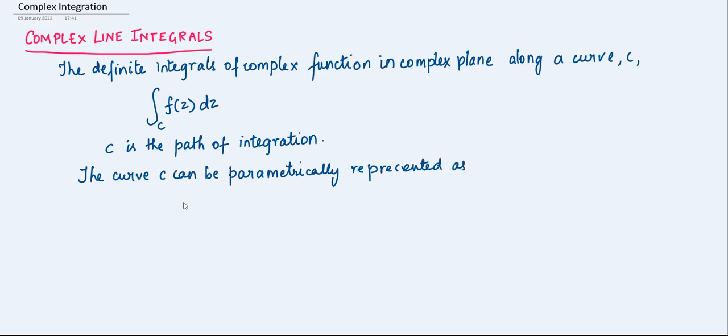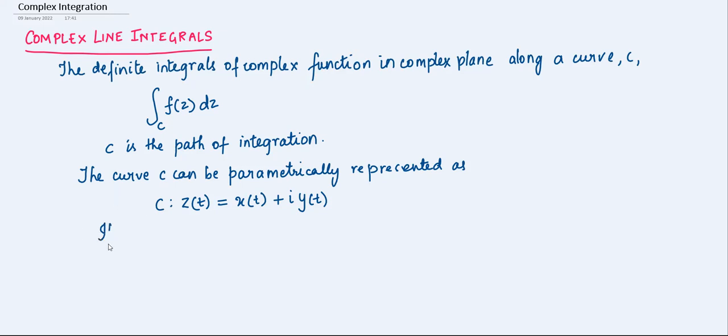Instead of having two variables, x and y, z follows x(t) plus i y(t). It follows some parameter in that sense. If t keeps increasing, then it is the positive sense of C. If t keeps decreasing, it is the negative sense of C.